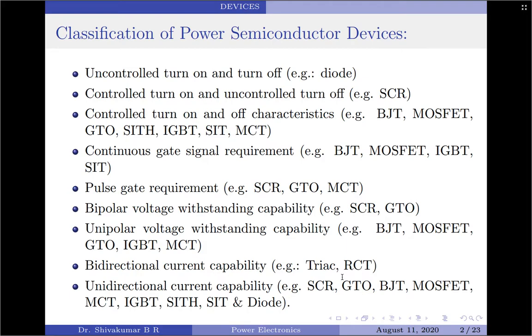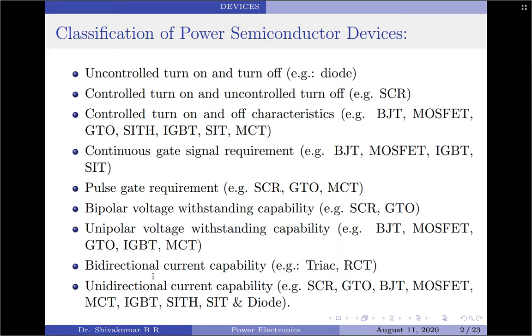Here, the current carrying capability is both from anode to cathode and cathode to anode. Though we do not say these are the terminals of a triac, when you connect two SCRs in an anti-parallel connection, you can imagine the first device conducting from anode to cathode and the second device from cathode to anode. So they can carry current in both directions.